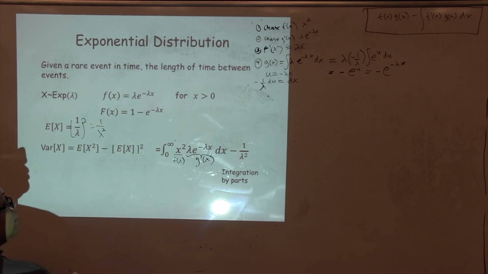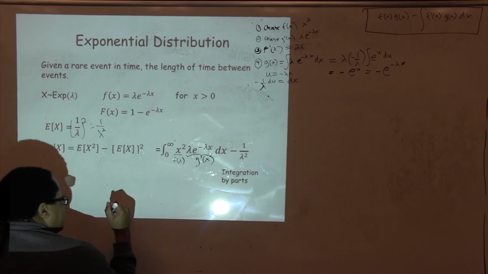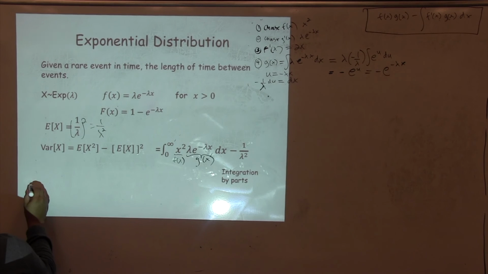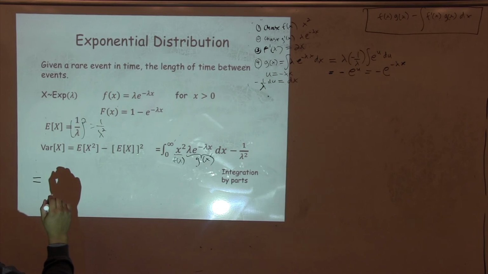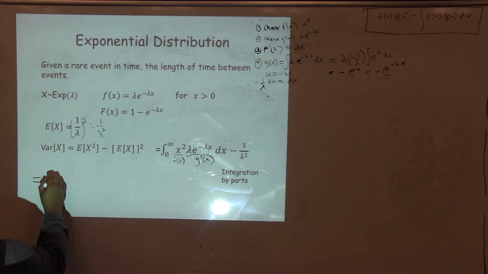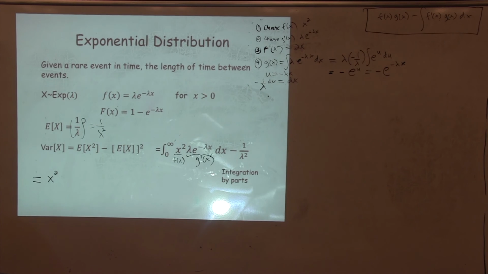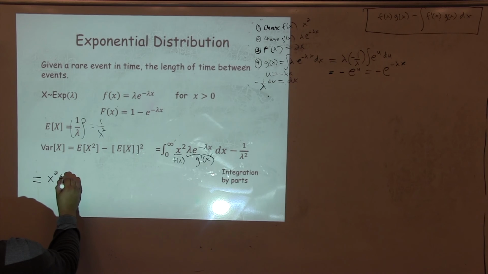So we start out, this expression is equal to f of x times g of x. Our f of x is x squared, so x squared, times our g of x, which we just said was minus e to the minus lambda x.